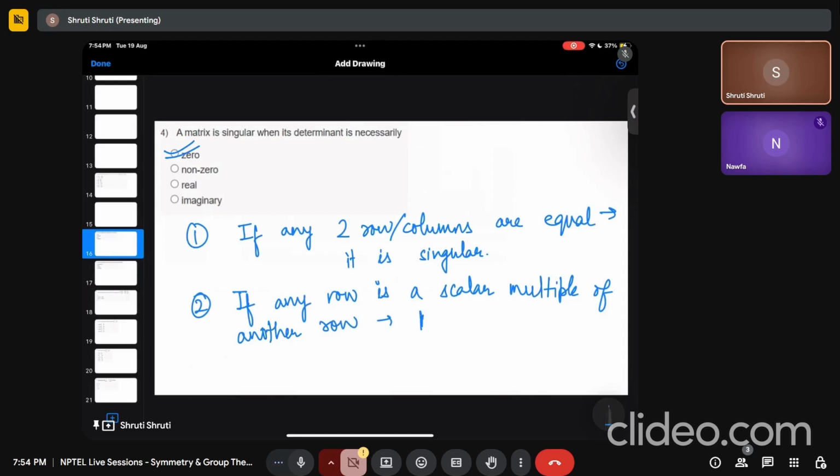Then if you have a matrix like this, what is it? This is called a null matrix. So a null matrix determinant will always be 0. Fine. And also for a singular matrix, inverse is not defined.